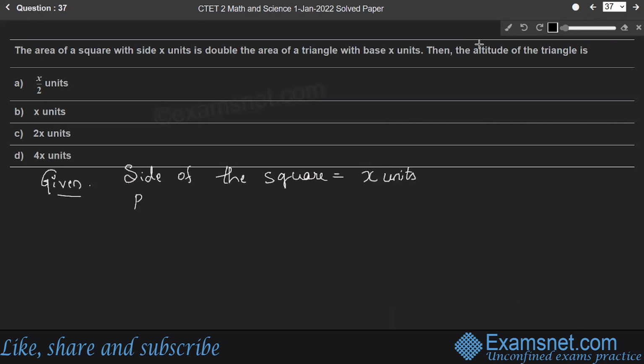And the base of the triangle is also x units.